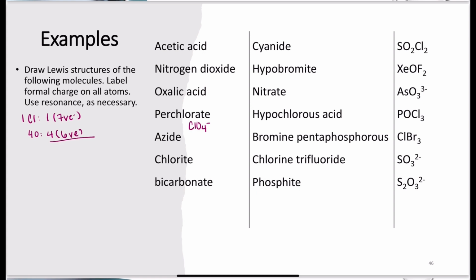That would give me 24 plus 7, or 31 valence electrons. But notice here there's a negative charge. When you have a negative charge, you need to add an extra electron, because we're counting the electrons, and I have an extra electron. 32 valence electrons.